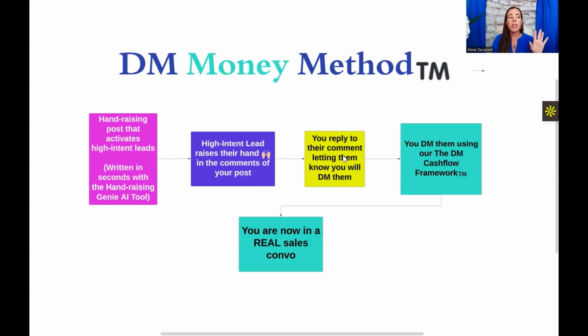So when I do this outside of the group, like on my personal profile, over on my business page, or inside of other groups where I have authority to actually do posts like these, everyone that comments on my post, I am going to respond to their comment. And the reason why you want to do that is because it helps the algorithm then push that post out to more people, because it's seeing that you are connecting with those people.